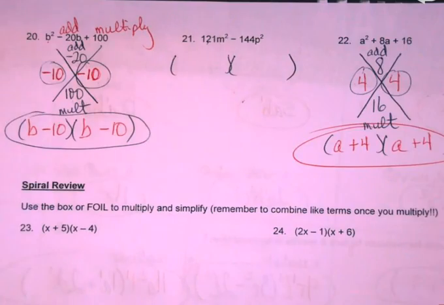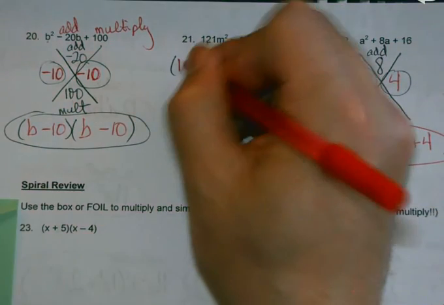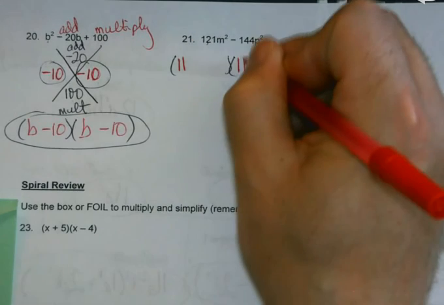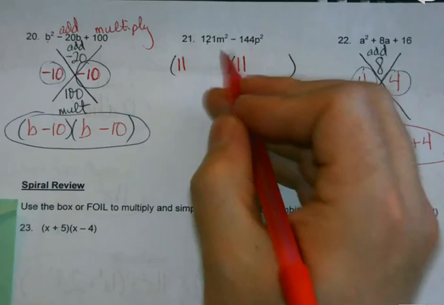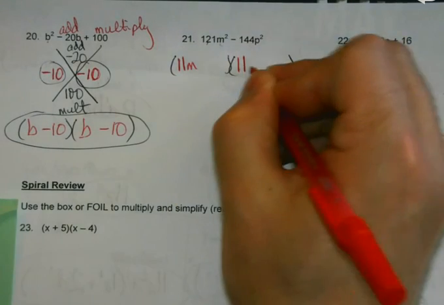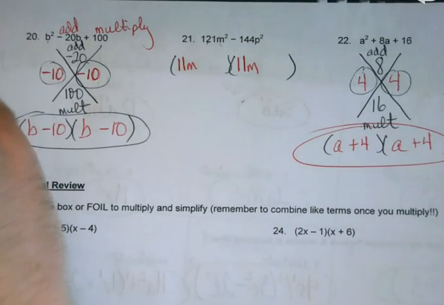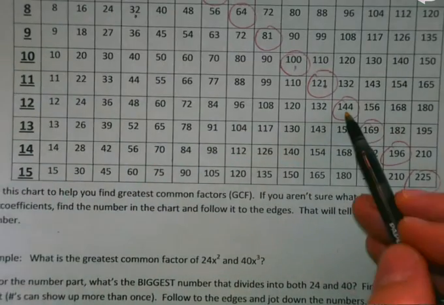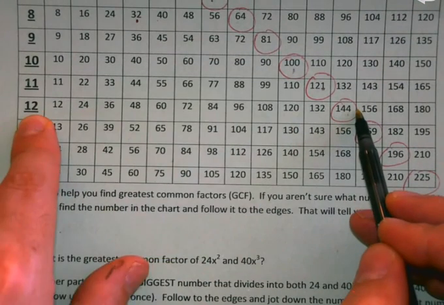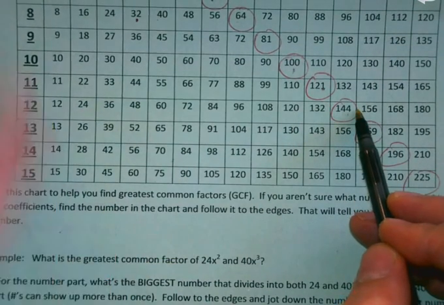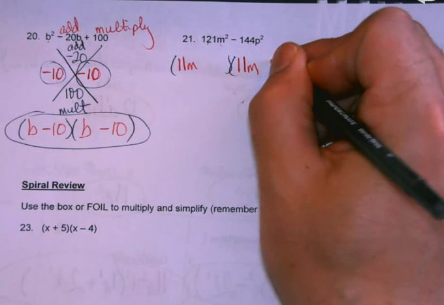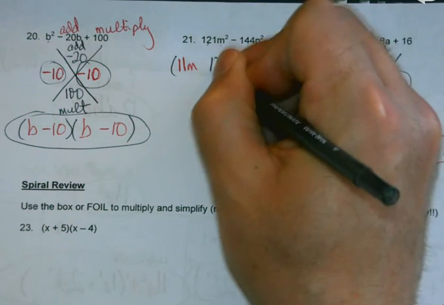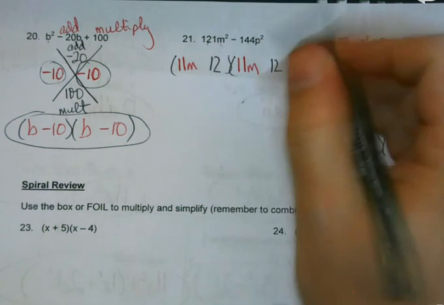So what I would do for this one is I'd put 11 for the first, and I see the variable's m, so I'll put that along with. Then I go back to the chart, and I'm like, okay, 144 is my other number. Oh, there's my 144. It's 12 and 12. So I'm like, okay, so 12 and 12, P is with this one.